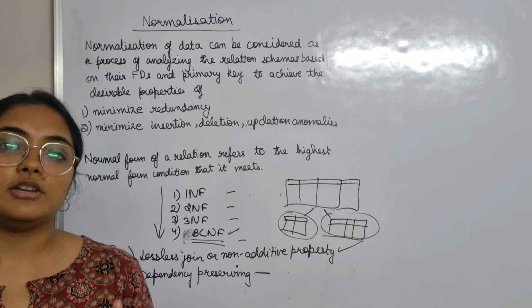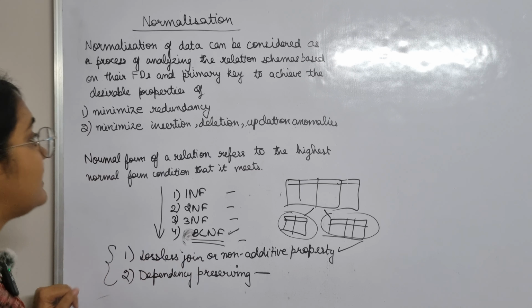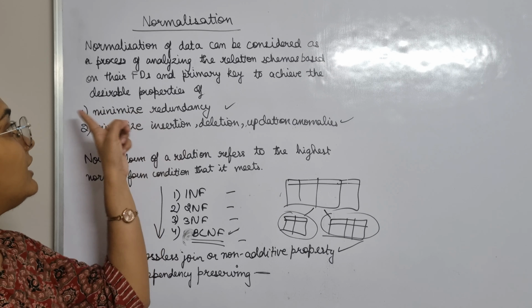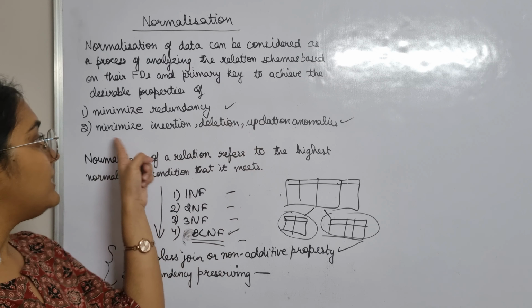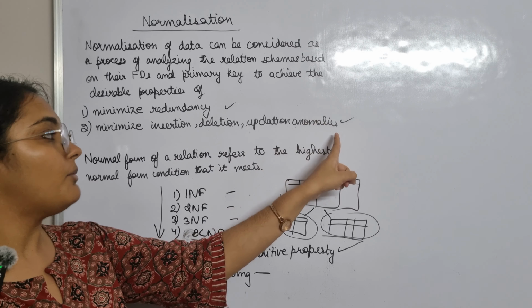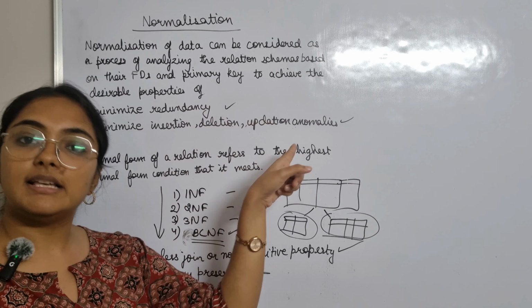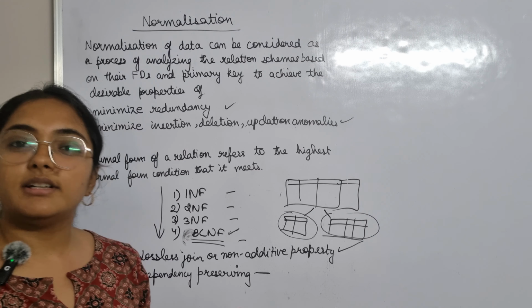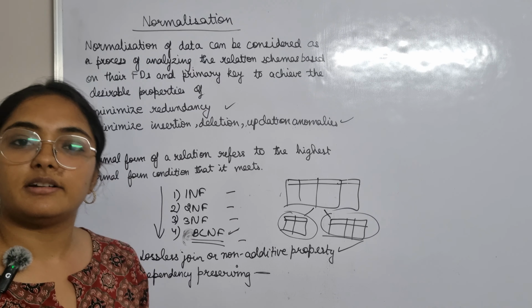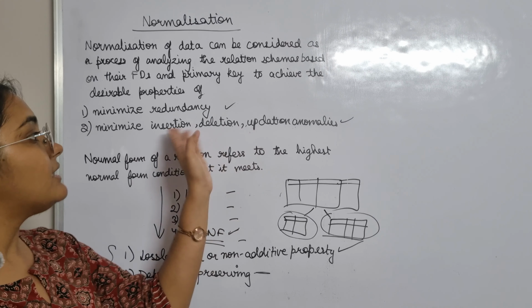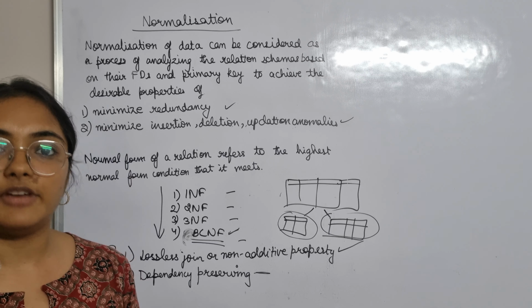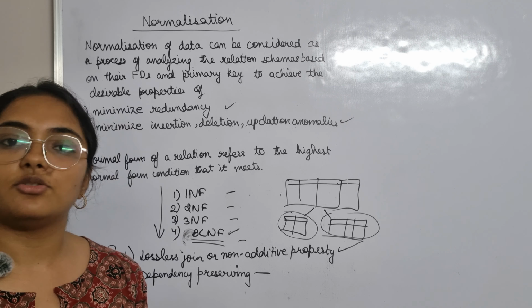But why are we doing normalization? We are doing normalization to achieve these 2 properties: to minimize redundancy and to minimize insertion, deletion, and update anomalies. I have talked about this in my introduction to normalization video, how redundancy happens across different relation schemas and how insertion, deletion, update anomalies happen in various relation schemas or tuples.